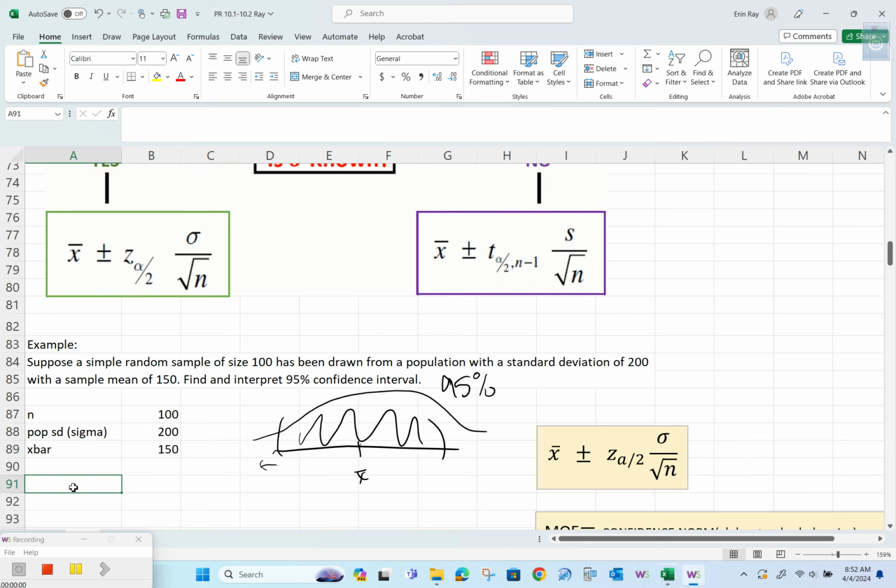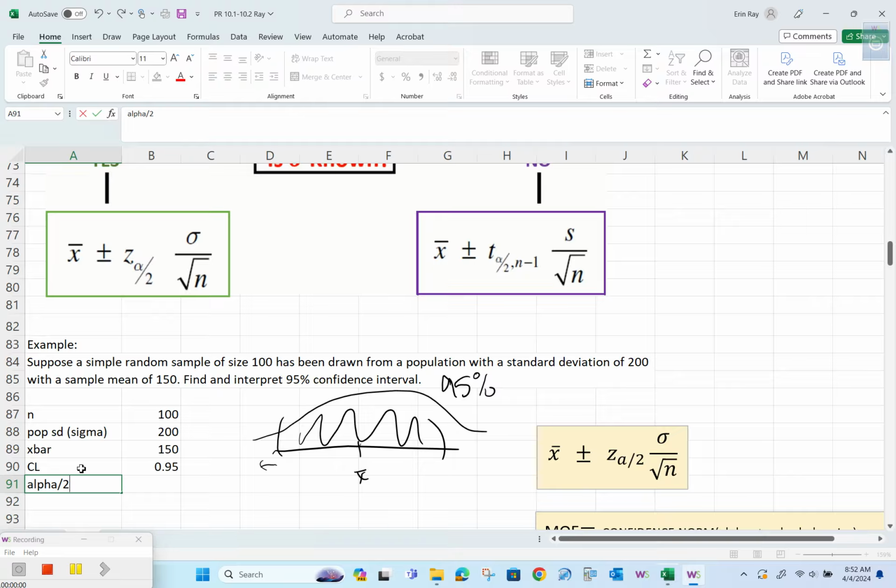So the first thing I'm going to have you write down is just that confidence level, CL, is 0.95. If I care about what's going on over here, then that's going to be the leftover percentage. So 95 to 100 is 5%. That's alpha. Alpha in statistics relates to what's called the significance level.